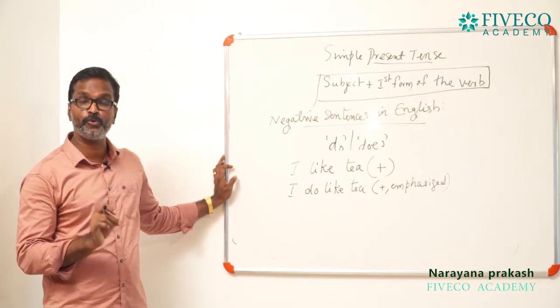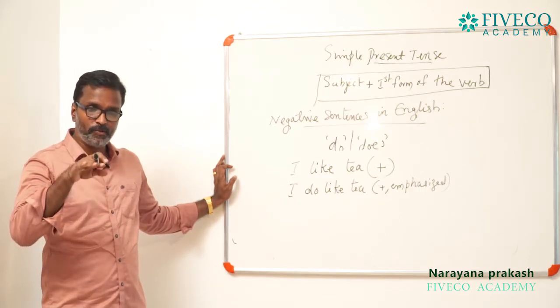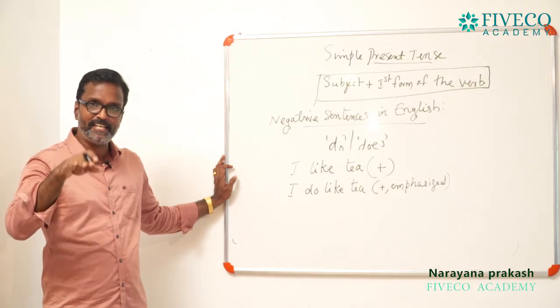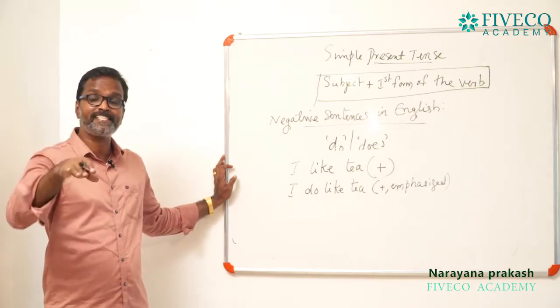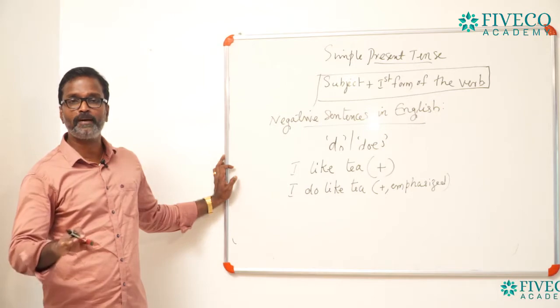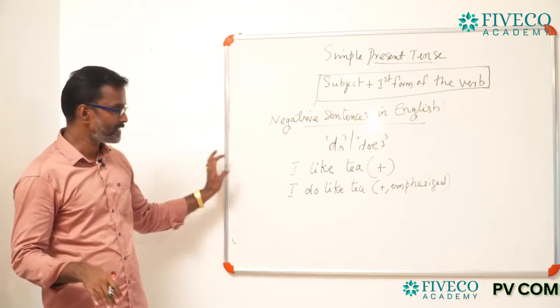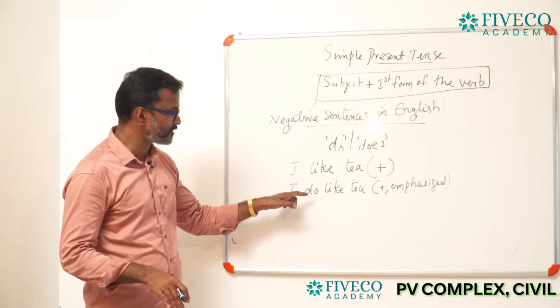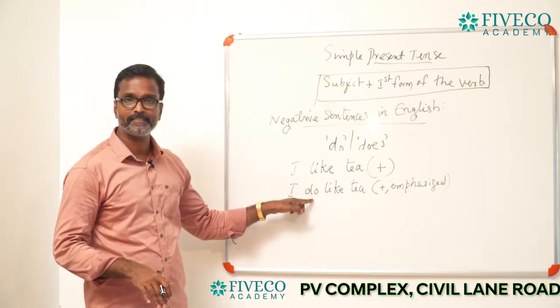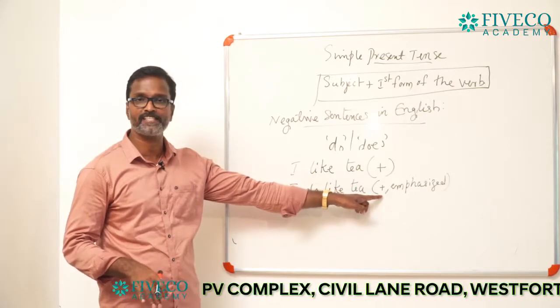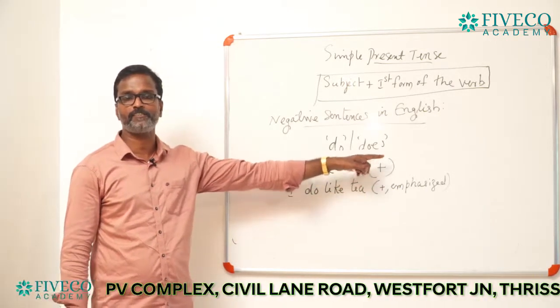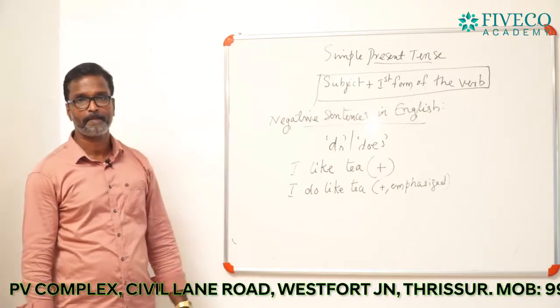What does it mean? Do come means an emphasis is given there. You must come. Similarly, I do like tea. The sentence is more emphasized than the first one. The first one is only a common sentence.